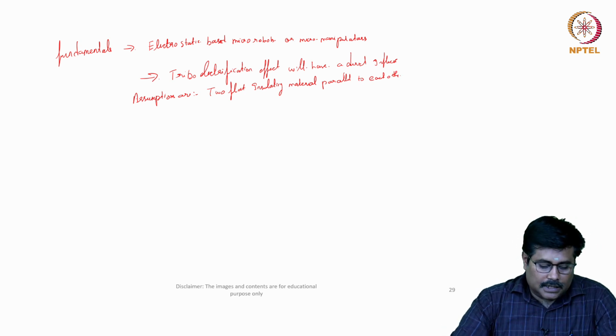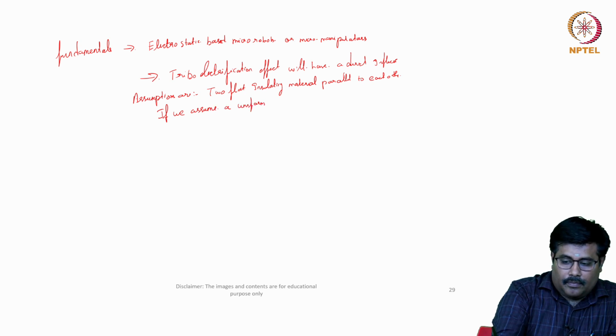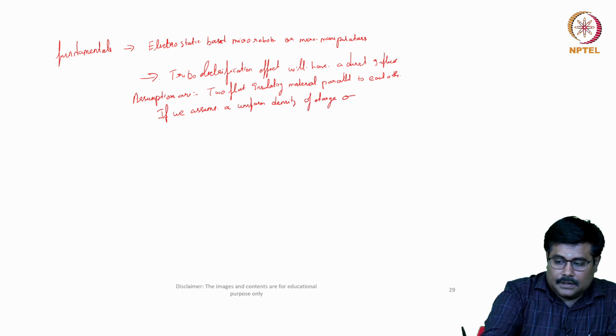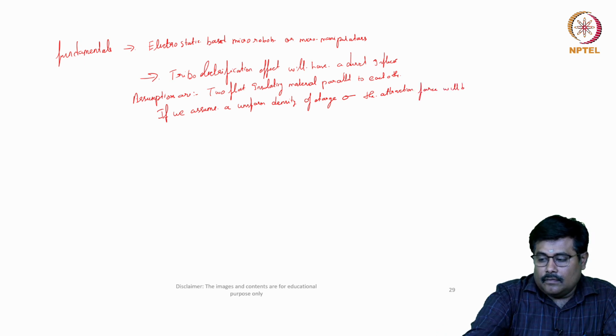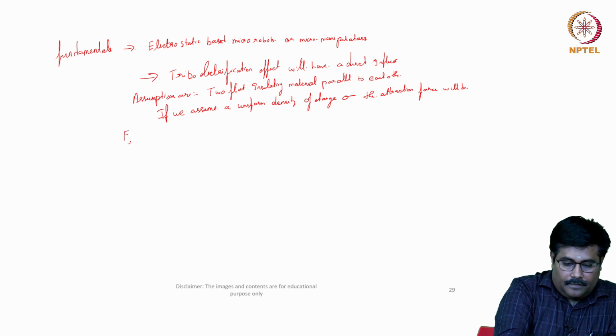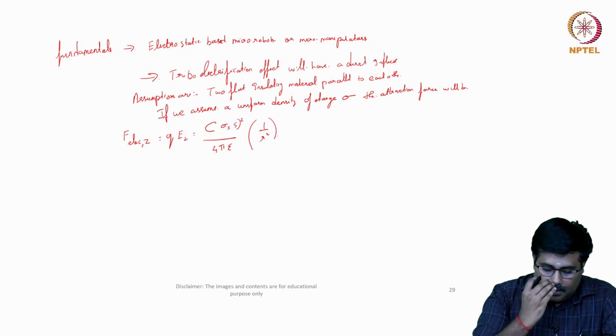If we assume a uniform density of charge sigma, the attraction force F elec z can be represented as sigma S squared by 4 pi epsilon by R squared.